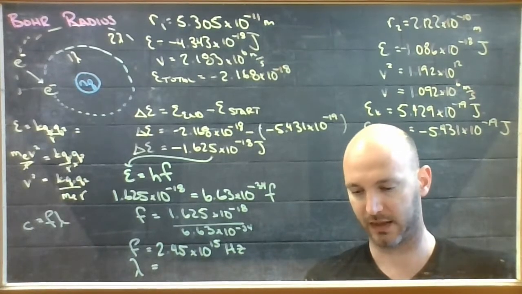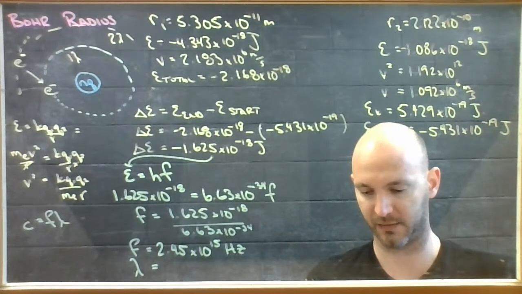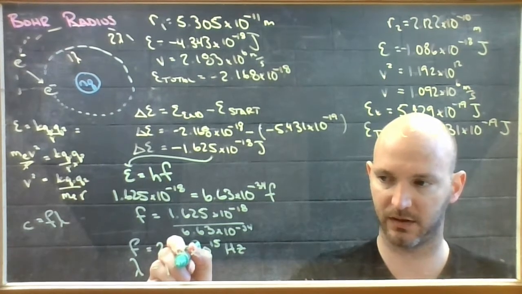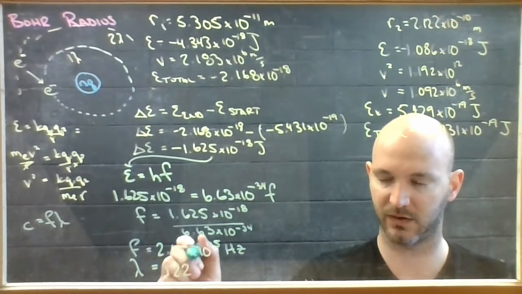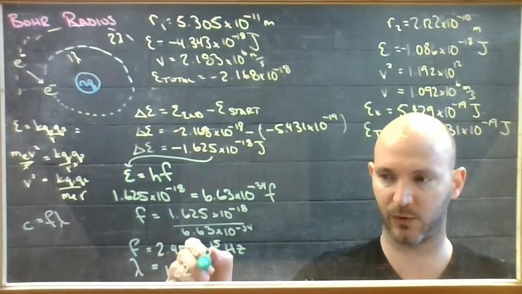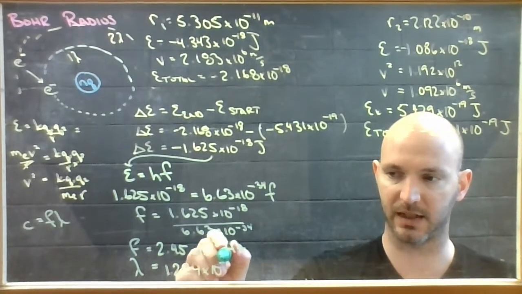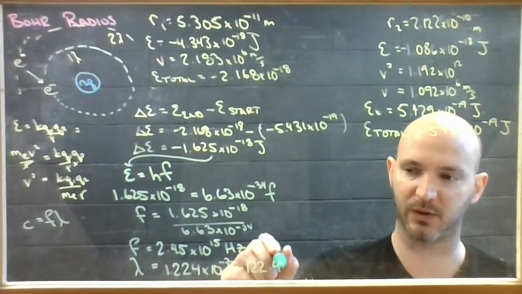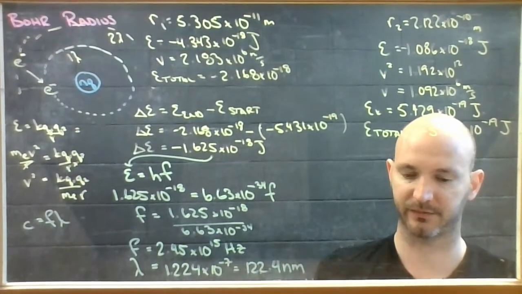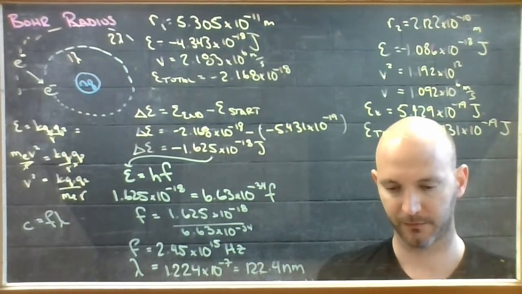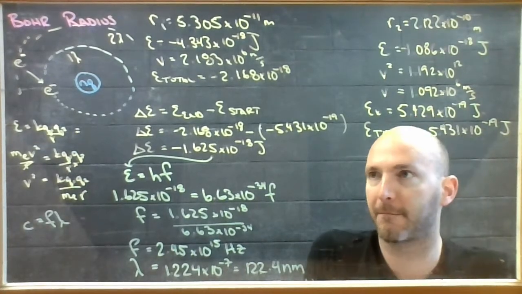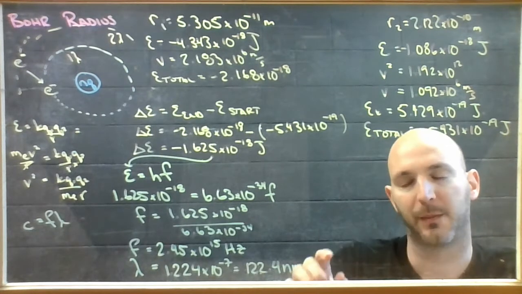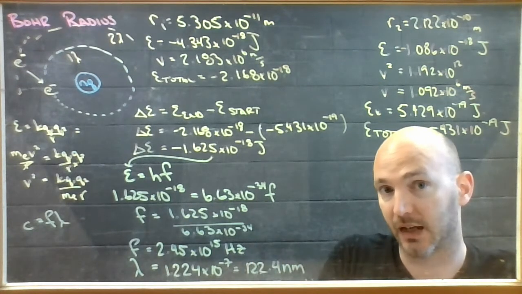So put that in the denominator times the speed of light gives me 1.224 times 10 to the negative 7, which is 122.4 nanometers. Okay. That's a very specific answer.